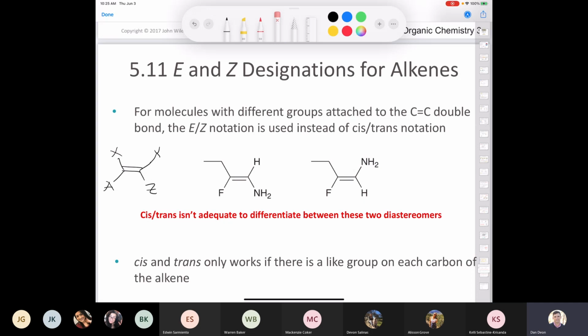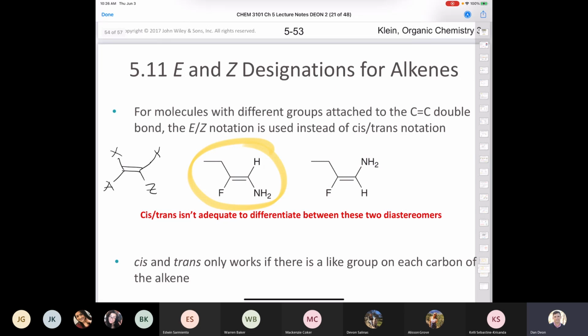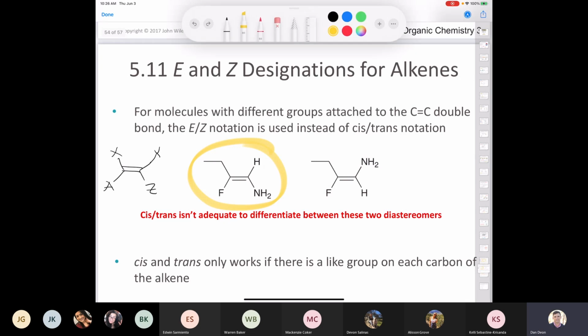So let's say you had an alkene like this one here. You can't label that as cis or trans, right? It's inadequate. Okay, same thing here. It's not cis or trans, but you can see that these are different compounds. Why? Because if you just look at the carbon-carbon bond, I'll highlight one in blue, and then I'll highlight the other one in red.